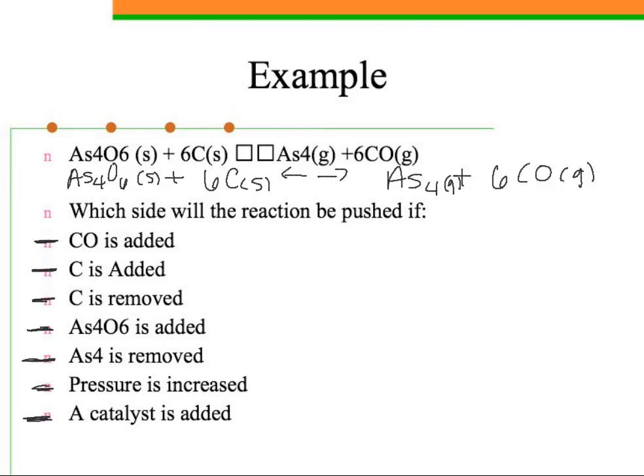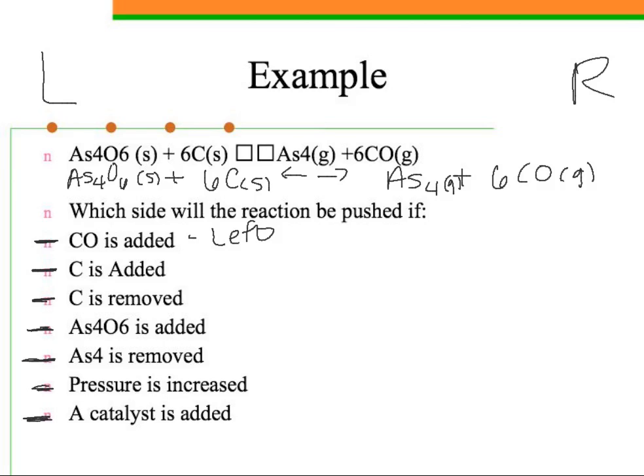Okay, so you're back. Carbon monoxide is added. Carbon monoxide is on the right-hand side of the equation. When a substance is added, it needs to be used up, so the reaction will be pushed to the opposite side, left. If carbon is added, well, carbon's on the left side of the equation.